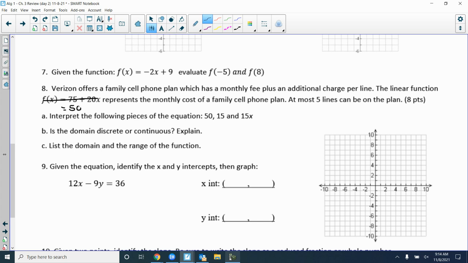So those of you who I gave it to today, hopefully that didn't confuse you too much. It should have been 50 plus 15x. All right, questions? I will put this on the answer key on Canvas. It will be part of today's lesson. So you can use that as a guide. Redo any question you missed.